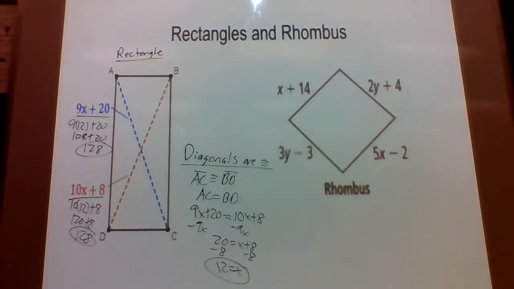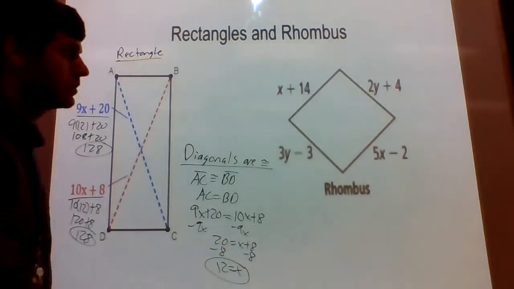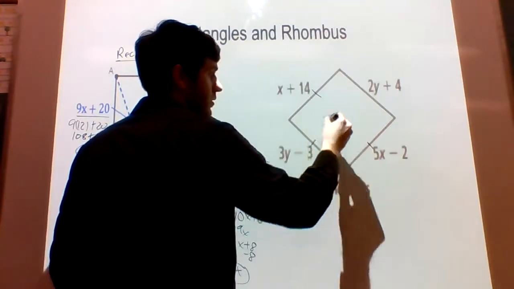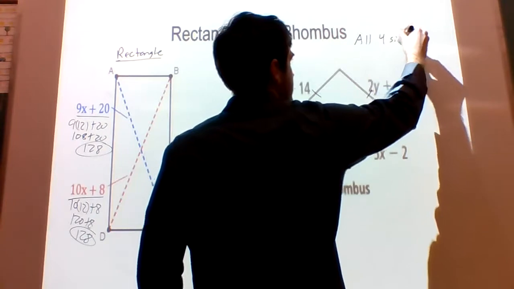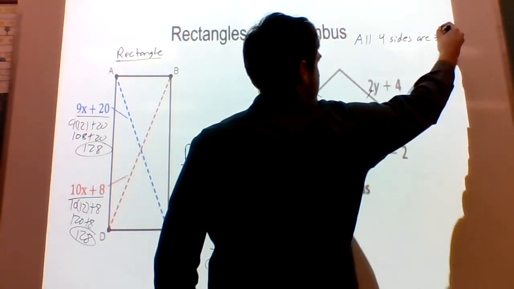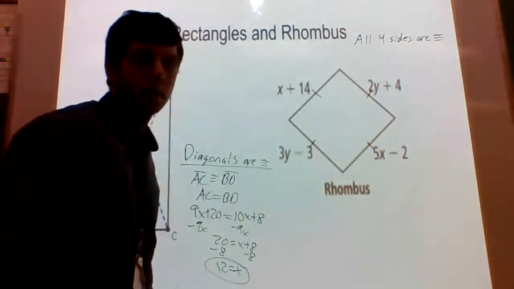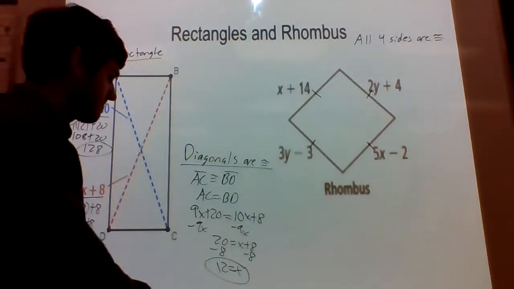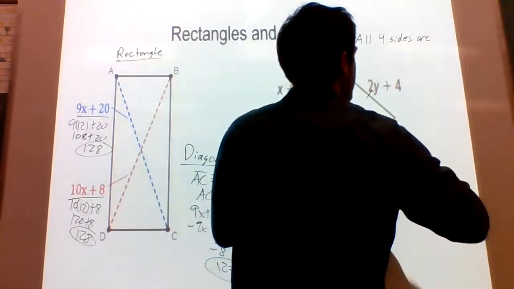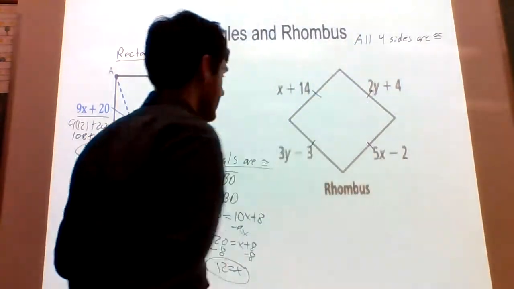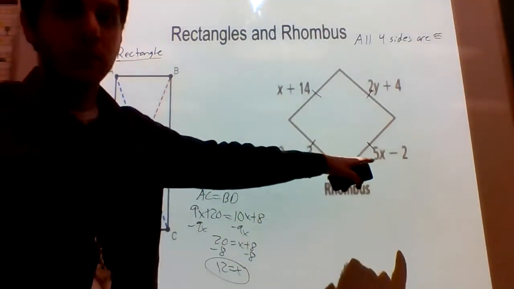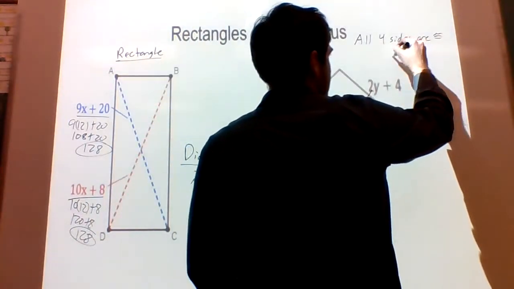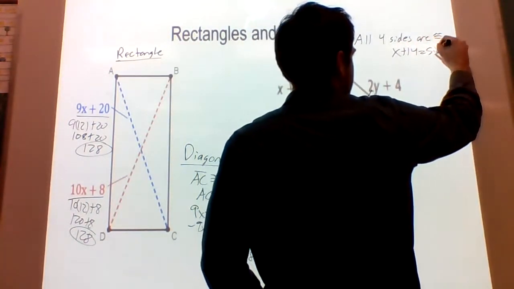In a rhombus, we know all sides are equal. All 4 sides are congruent. So we know x plus 14 is going to equal 5x minus 2.